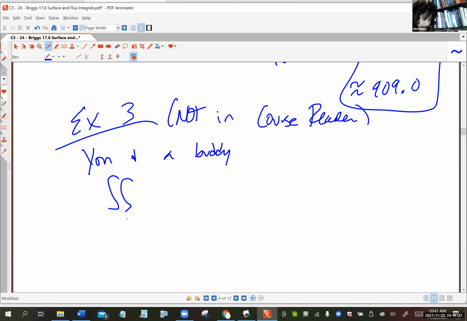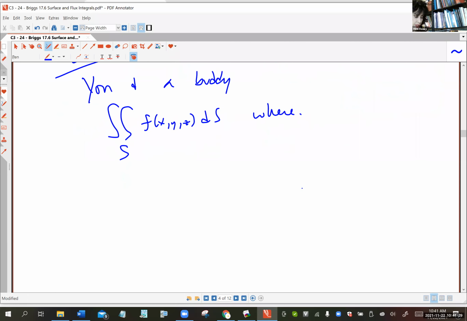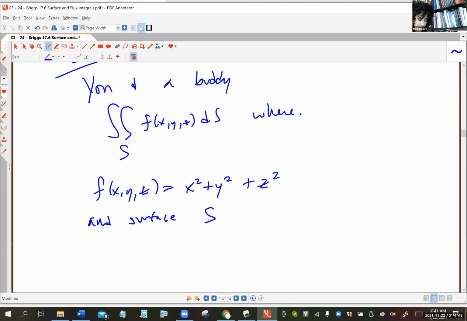are gonna evaluate this surface integral, f x, y, z, ds, where, now you need to be given some ingredients, I know. Your density function, f x, y, z, is x squared plus y squared plus z squared. Okay. And the surface S is given by z equals x plus y, so it is a plane. And it'll be bounded below by x squared plus y squared less than or equal to 1 in the first octant.